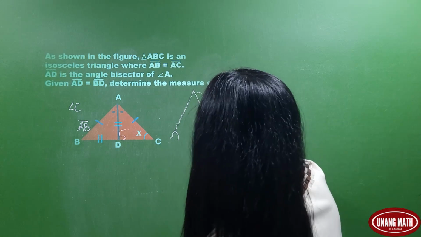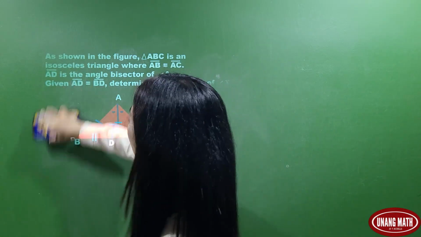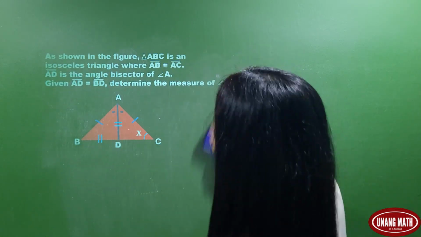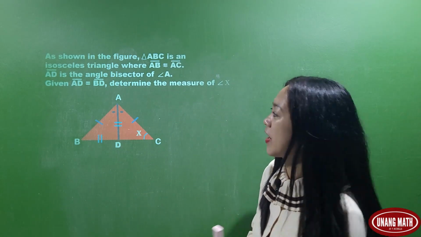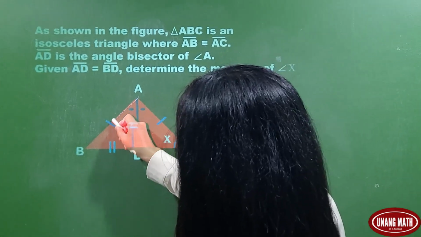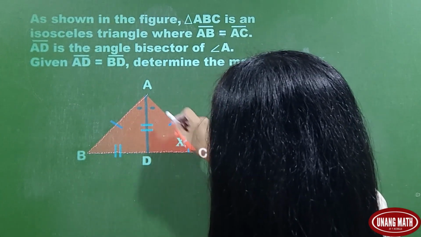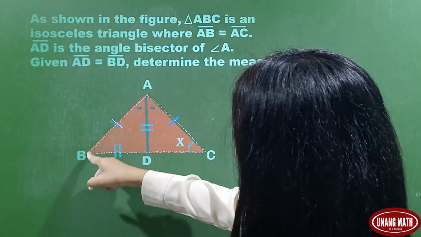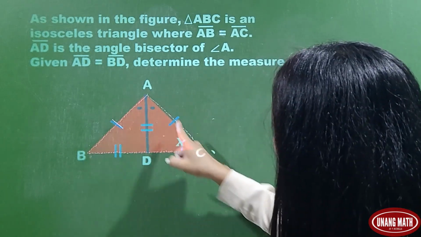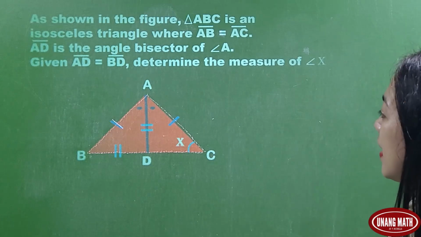Now let's answer this simple problem. As shown in the figure, triangle ABC is an isosceles triangle, where side AB is equal to segment AC.